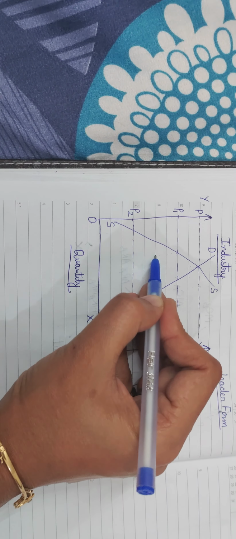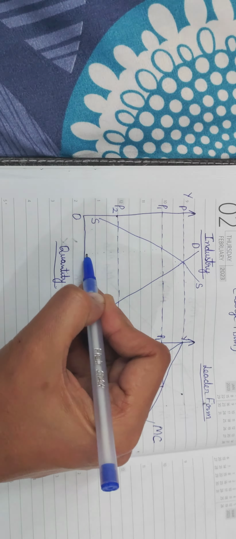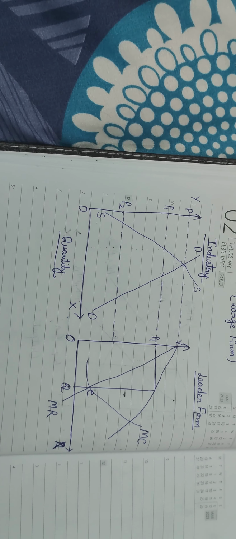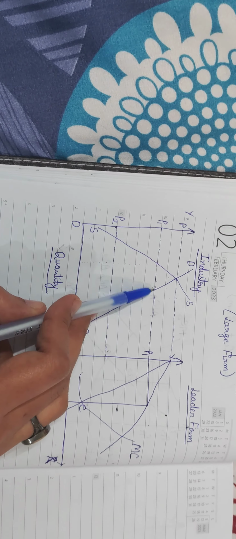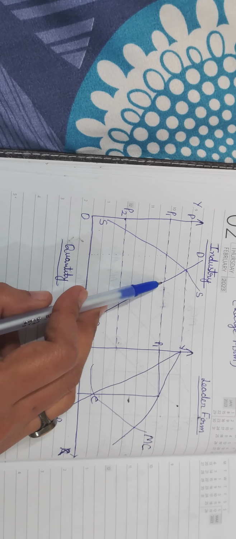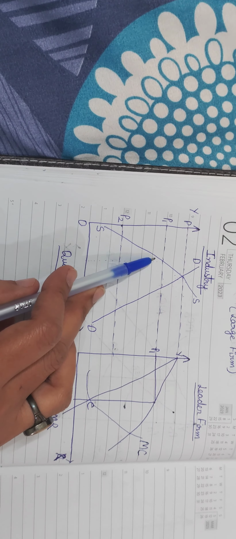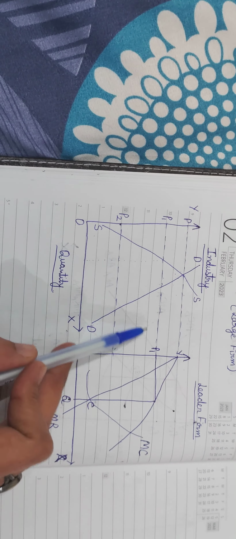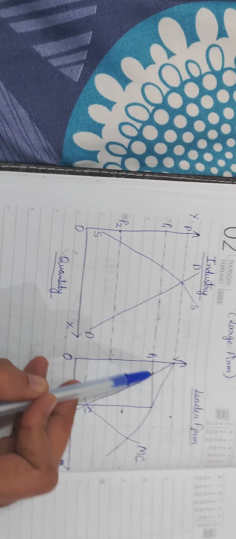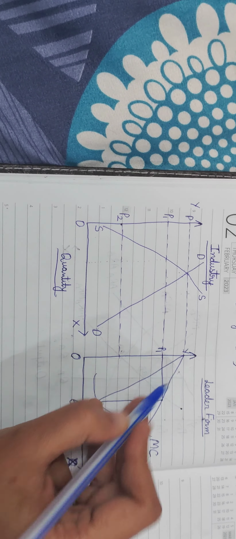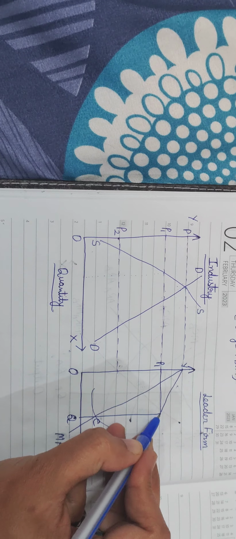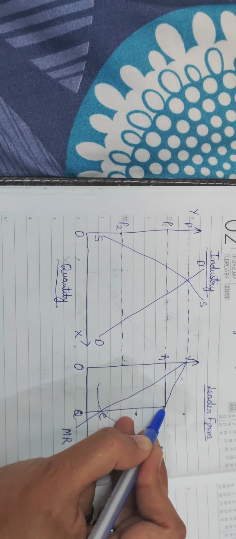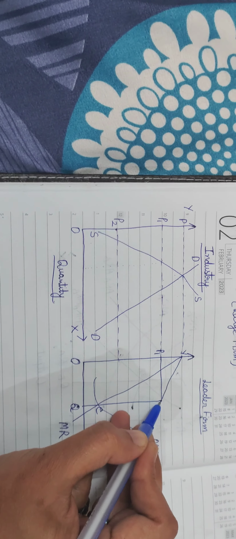Now still there is a gap, right? So we stretch it further and put a point in the leader firm graph. I've already drawn the graph, but for better understanding I'm telling you that we will put a point here in the leader firm graph.